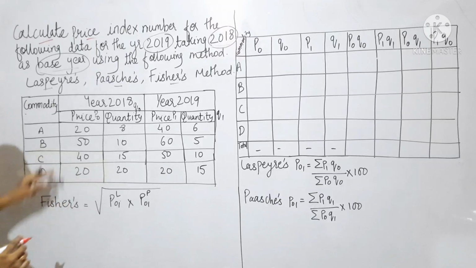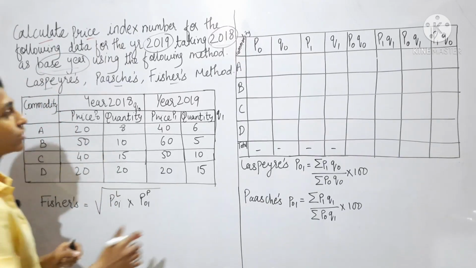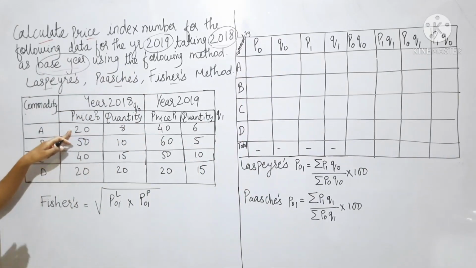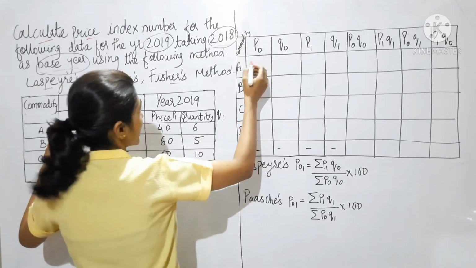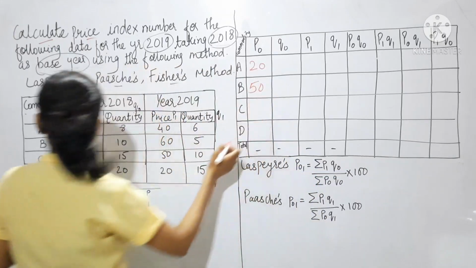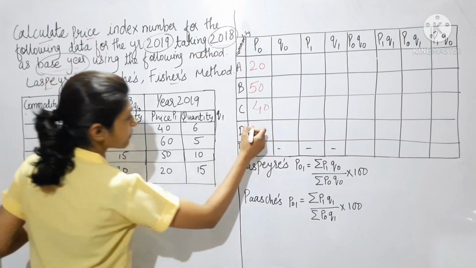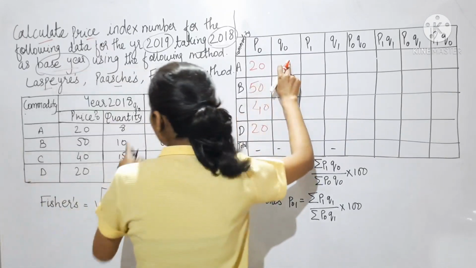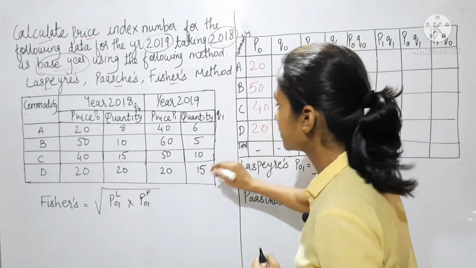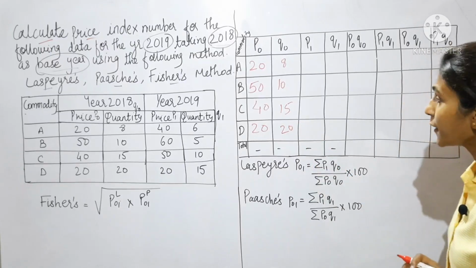Okay, all the values of P0, that is the price of 2018. So commodity A has 20 in the year 2018, then 50, 40, 20. Next, Q0 quantities: write 8, 10, 15, 20. Clear?